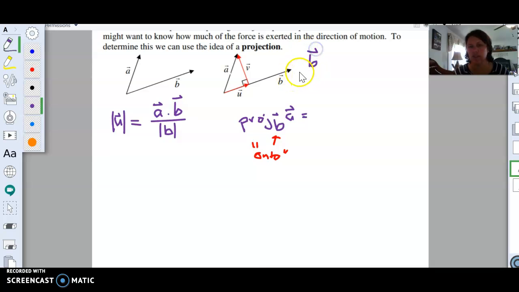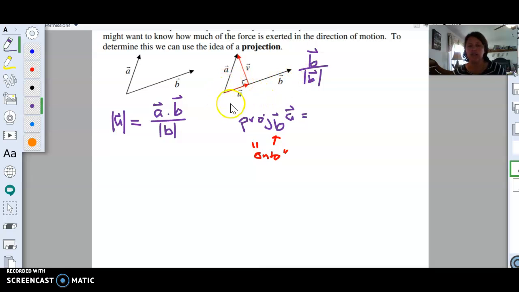So we're going to take its unit vector. If we take a unit vector, its magnitude is only 1, so we're not going to change the length of our projected vector, but it's going to give us the right direction.